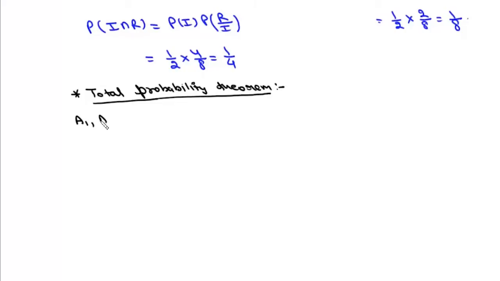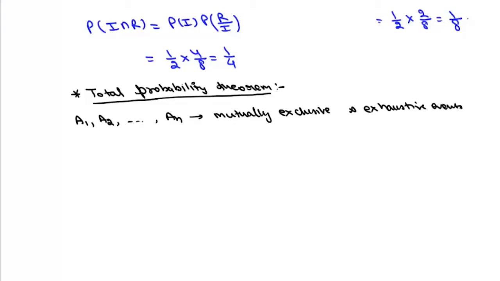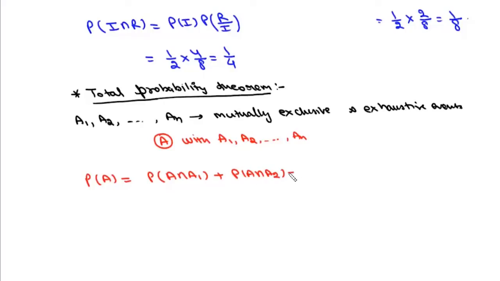If A1, A2 and AN are mutually exclusive and exhaustive events, then the probability of occurrence of any event A with A1, A2 and AN is given by this: the probability of A, and we can say this A occurs with A1, so it will be A intersection A1 plus A intersection A2, A intersection AK and A intersection AN, or we can simply write this in summation terms.